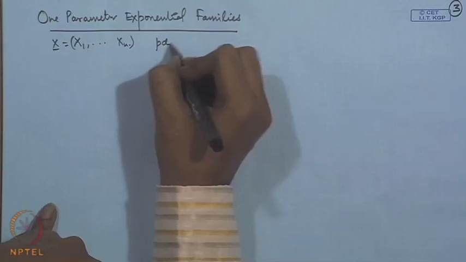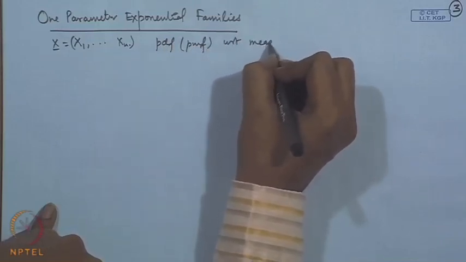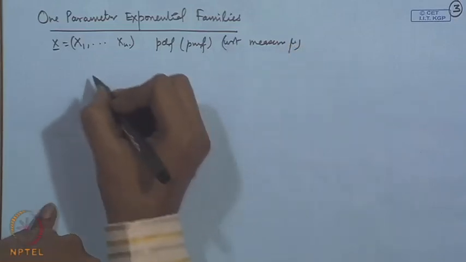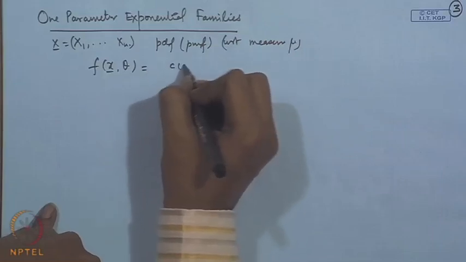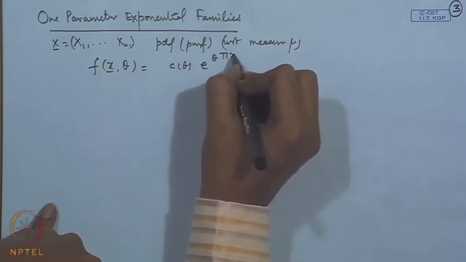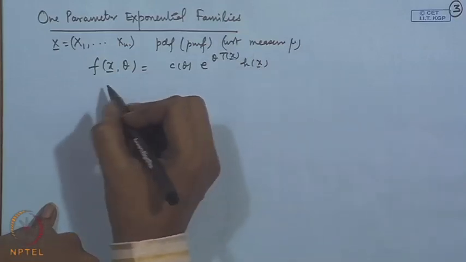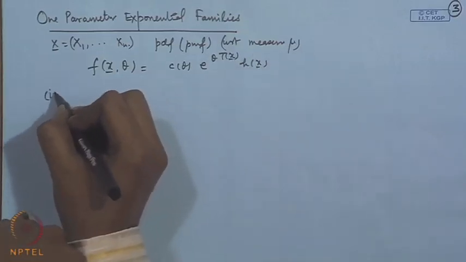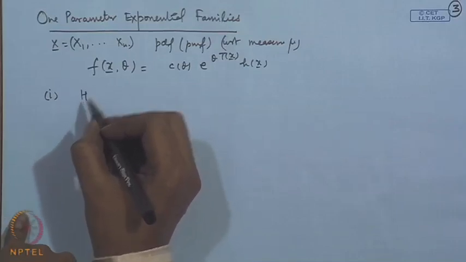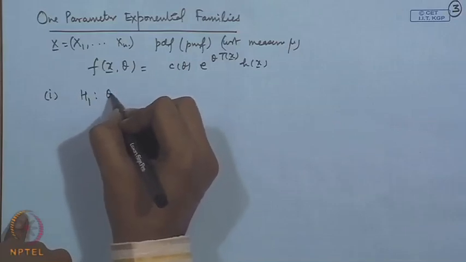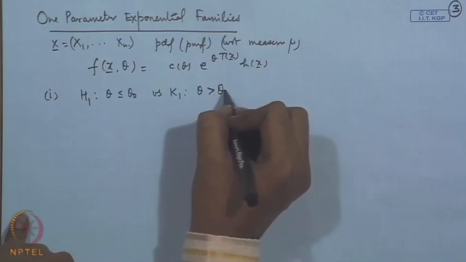The PDF or PMF with respect to a measure mu, we are writing down as f x theta is equal to c theta e to the power theta t x h x. So, we are having the following situation. If I am considering the hypothesis testing problem, I will name this as say H 1, theta less than or equal to theta naught against say K 1, theta greater than theta naught.